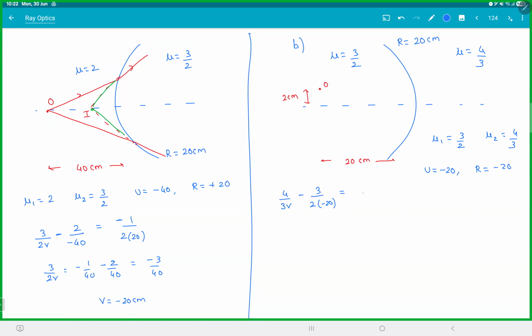How much is that? 9 minus 8, 1 by 6 by minus 20. Minus 1 by 20 plus 3 by 40. Multiply 3, 120. 9 minus 1, 8 by 120.